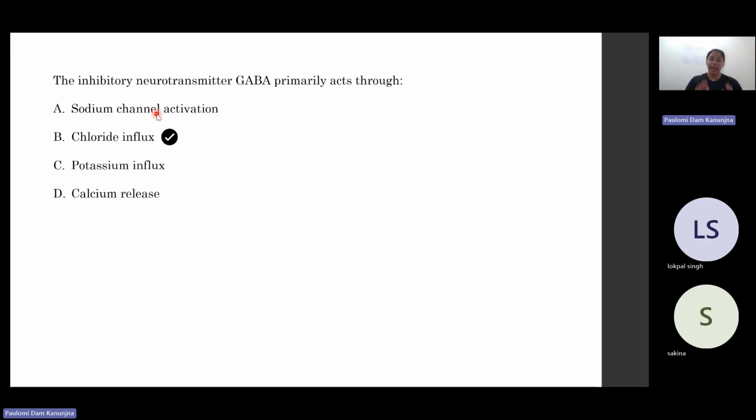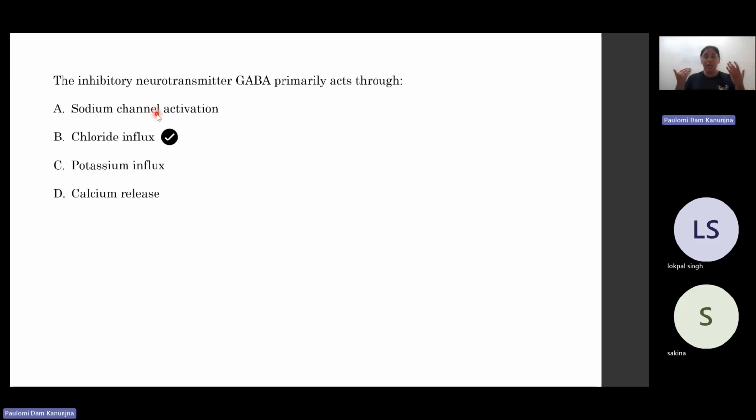Okay. So as soon as your GABA binds to the receptor, these channels open up. Whenever these channels open up, there is, what do we read? There is an influx. So your chloride is coming in. Chloride carries a negative charge.